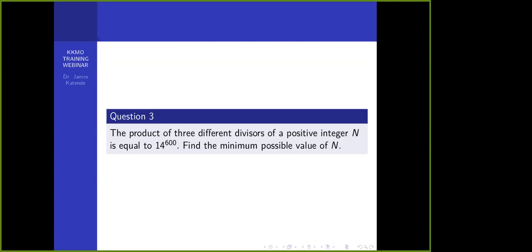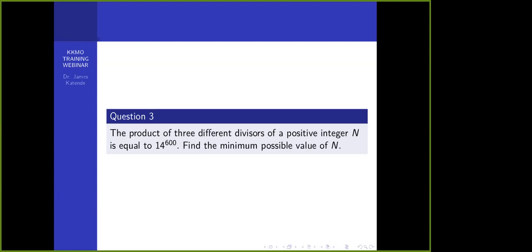My approach is to try and split this 14 to the power 600 into 2 to the power 600 times 7 to the power 600.